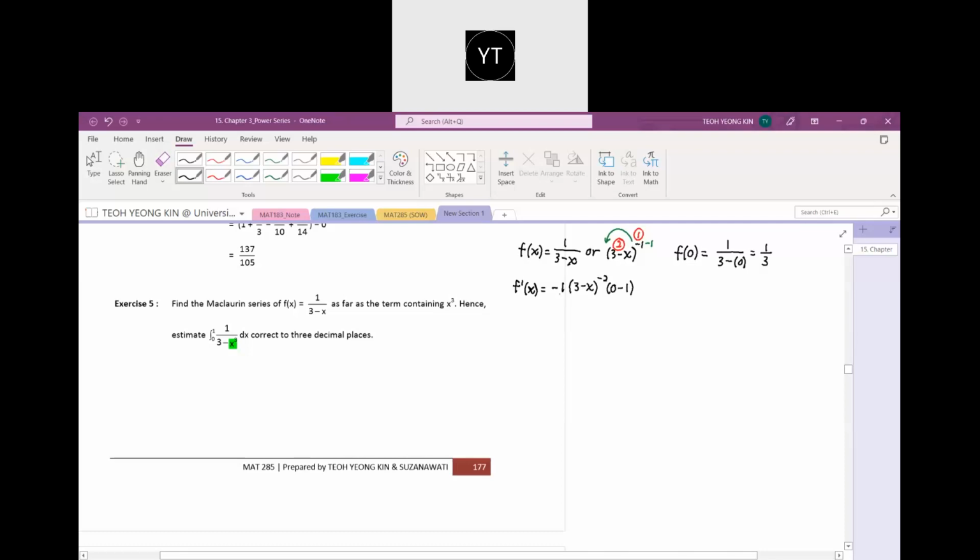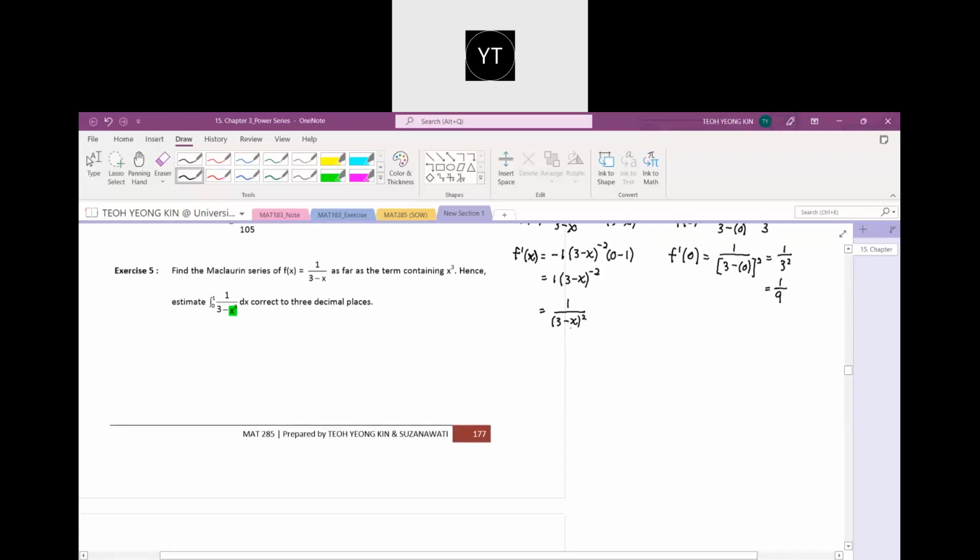So negative 1 times negative 1 is positive 1. (3 minus x) to the power of negative 2, or I can write it as 1 over (3 minus x) squared. Substitute the value of 0, f prime 0. So 1 over (3 minus 0) squared, 1 over 3 squared. This is 1 over 9.